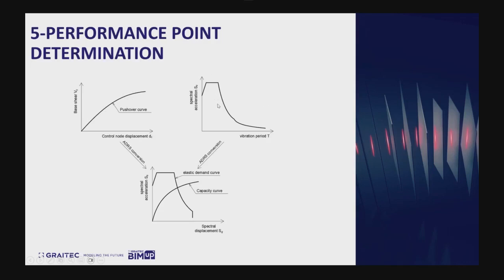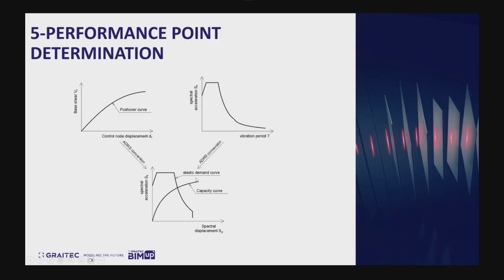So we need to know to what extent, what value of displacement, the earthquake will push the structure. To do so, we need to find a common point between what the structure can offer and what the earthquake wants. But here it is expressed in force versus displacement, and here it is expressed in spectral acceleration versus period.